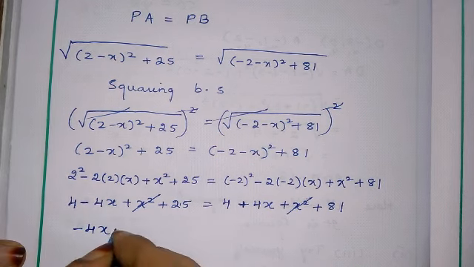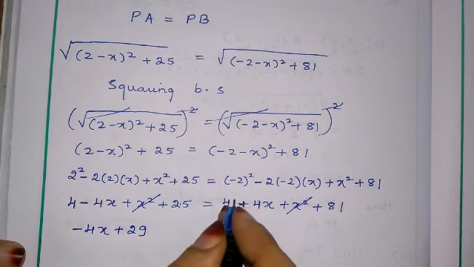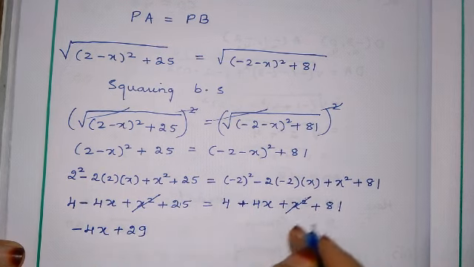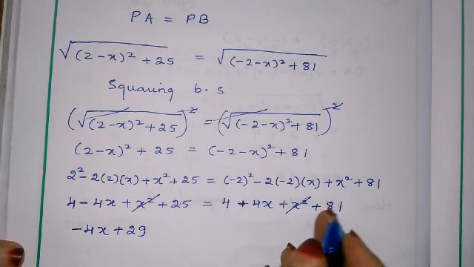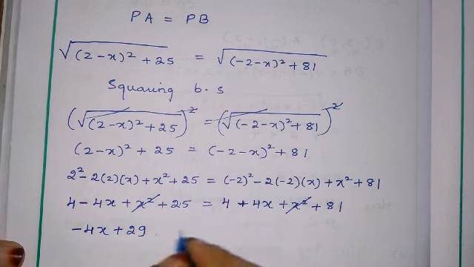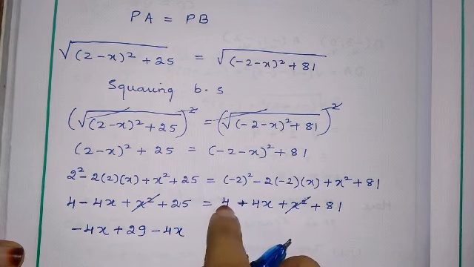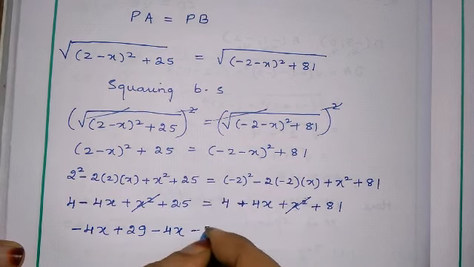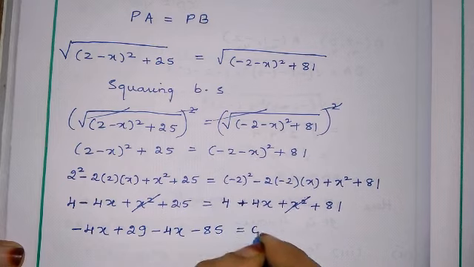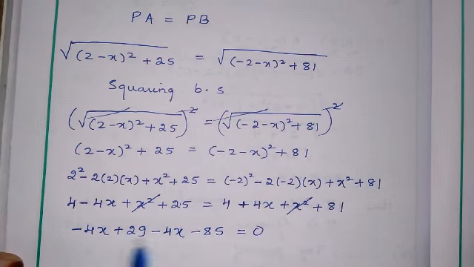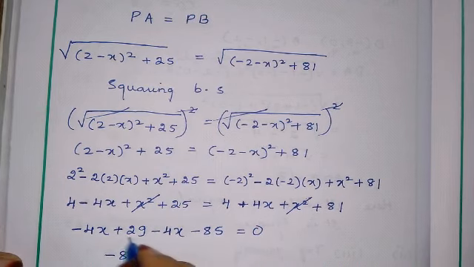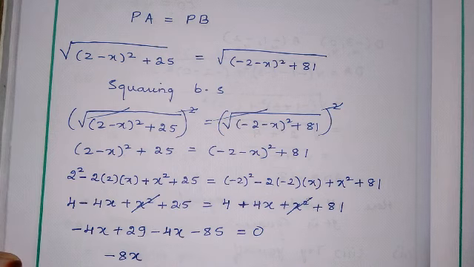This 4 plus 81 is 85, this plus 4x if I bring here is minus 4x. If I bring 85 it is minus 85 equal to 0. Now minus 4x minus 4x is minus 8x. 85 plus 29 is nothing but 56.